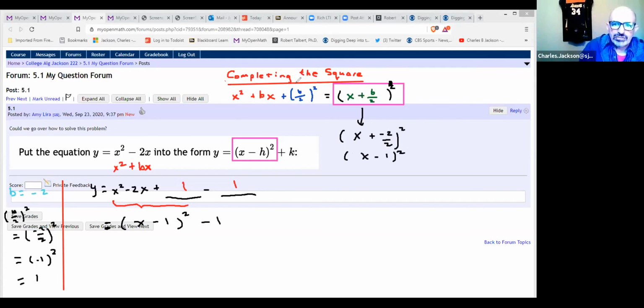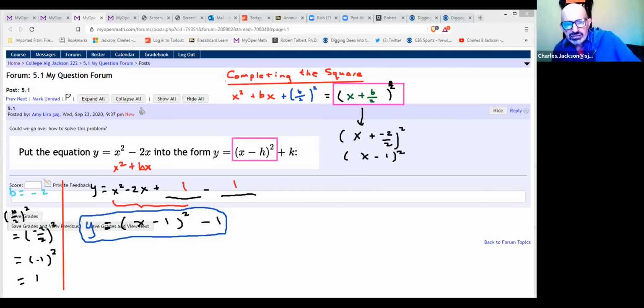Okay. And so what I try to get people into the rhythm of seeing is that this number is always half of this number. It always works like that. The negative 1 is half of negative 2. But now what we have done is we have taken what they gave us and we've written it in the desired form.